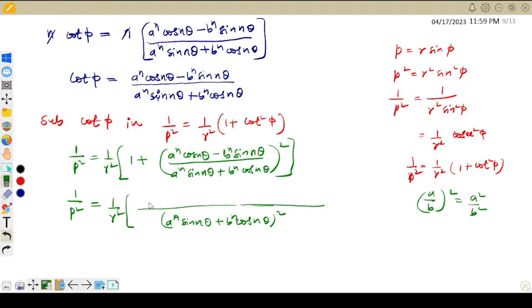Okay, so this is a raised to n into sin n theta plus b raised to n into cos n theta whole square, plus a raised to n into cos n theta minus b raised to n into sin n theta whole square.